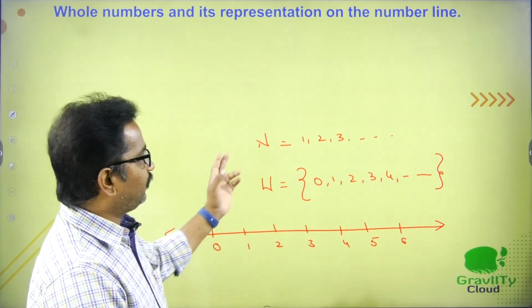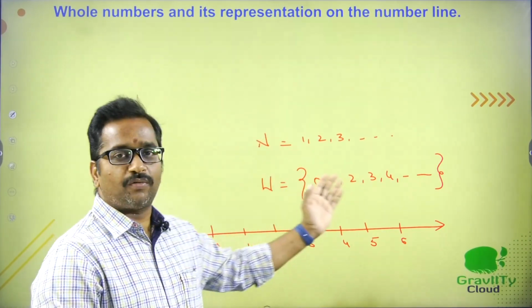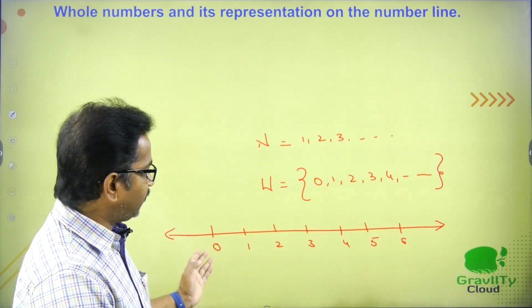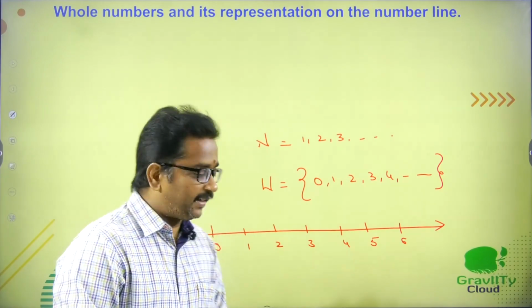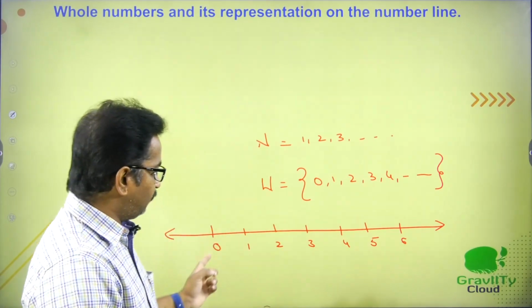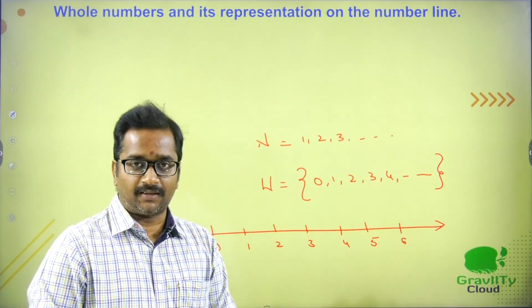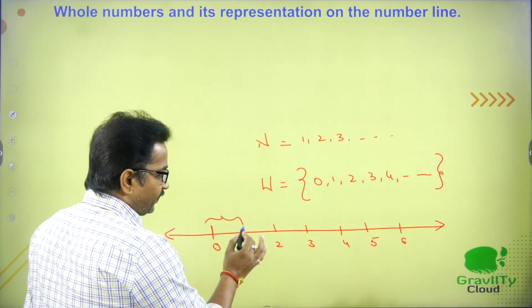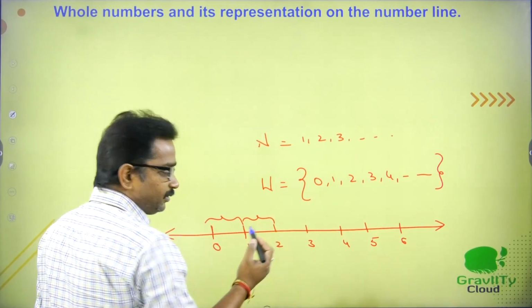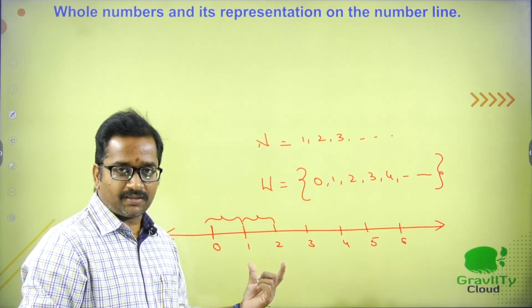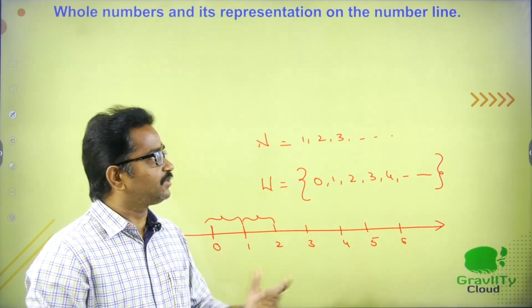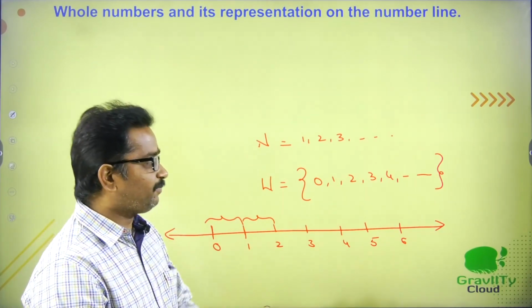Natural numbers are 1, 2, 3 and so on, and whole numbers are 0, 1, 2, 3, 4 and so on. If you draw a line and mark 0, 1, 2, 3, 4, 5 like that, the difference between consecutive numbers, the width, should be the same. Understood? So this is the representation of whole numbers on the number line.